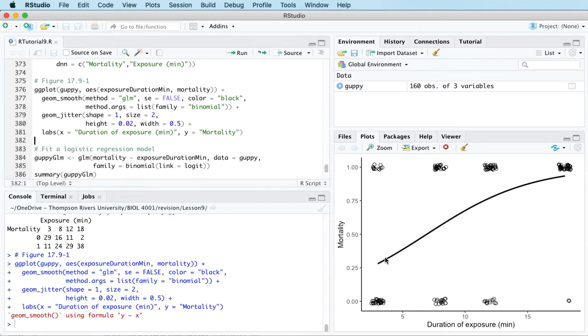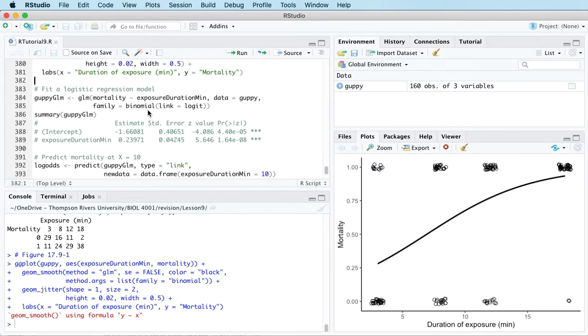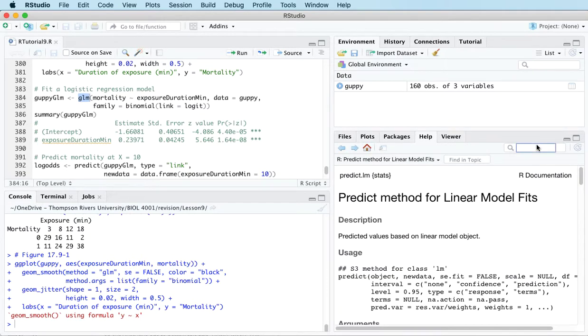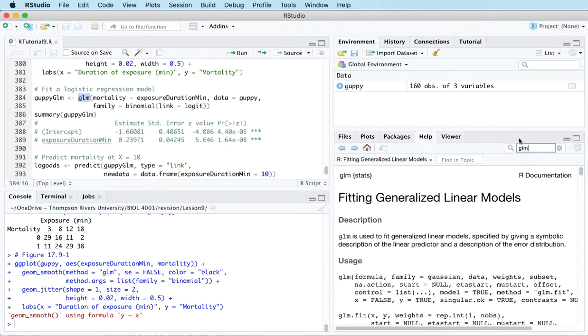And it's a particular type of curve that's given by the mathematical logistic function. The way that we fit one of these models is, instead of using LM here, we use GLM.